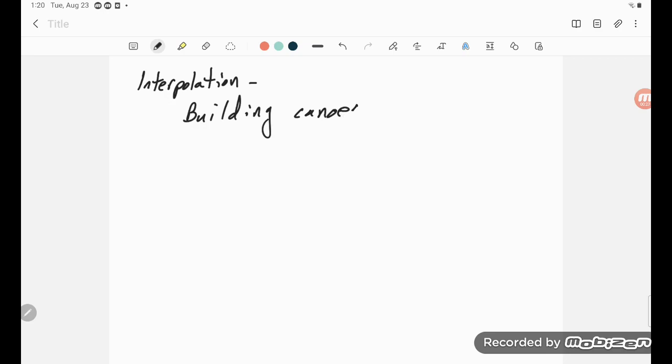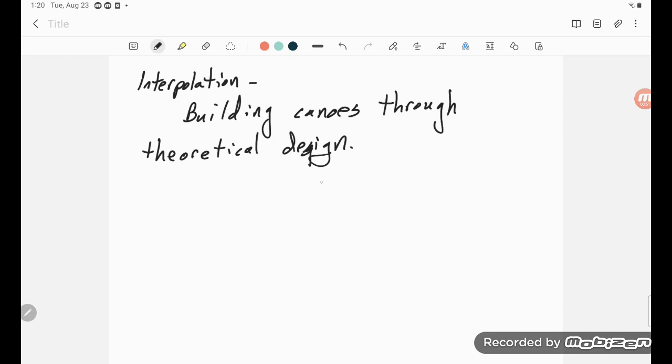Building canoes through theoretical design. And so interpolation is simply the idea of kind of connecting the dots.